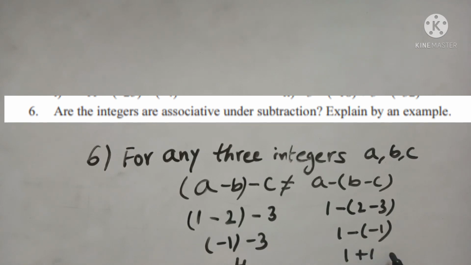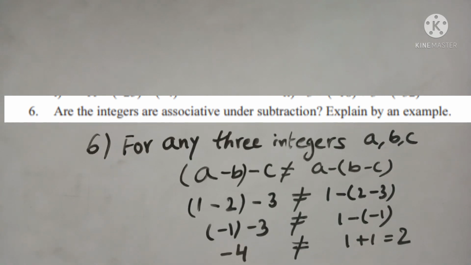On the right, 1 minus (2 minus 3), that is 1 minus (minus 1), which is 1 plus 1, equal to 2. Are they equal? No, they are not equal. Is it visible for you? So by this we can say that integers are not associative under subtraction. Okay, this is the example.